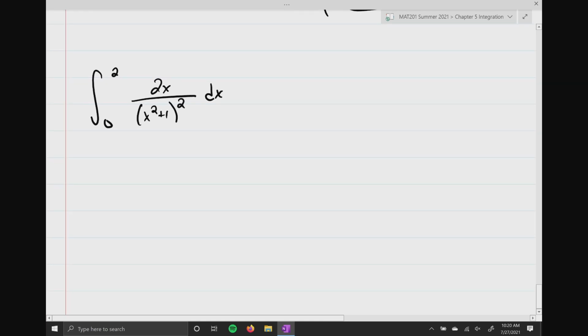Okay, now we can't use any of our rules, and what I mean by that is like constant rule, power rule, trig rule, like none of those apply here. Also notice you got a 2 right there, so before I do anything, I'm going to pull the 2 out front and just rewrite this.